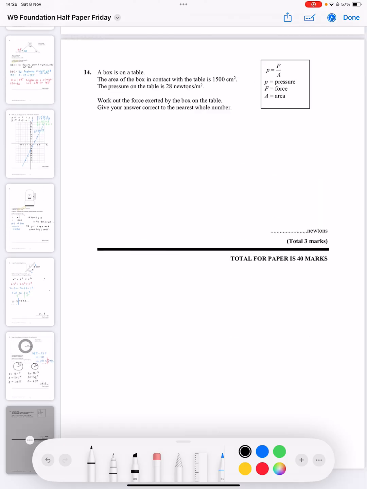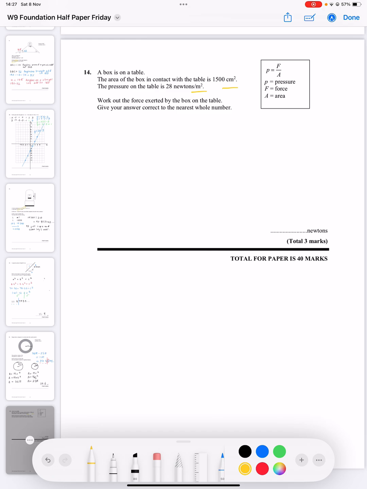The final question, 14, is the boxes on a table. The area of the box in contact with the table is 1,500 centimetres squared. The pressure on the table is 28 newtons per metre squared. Work out the force exerted by the box on the table and give your answer to the nearest whole number.